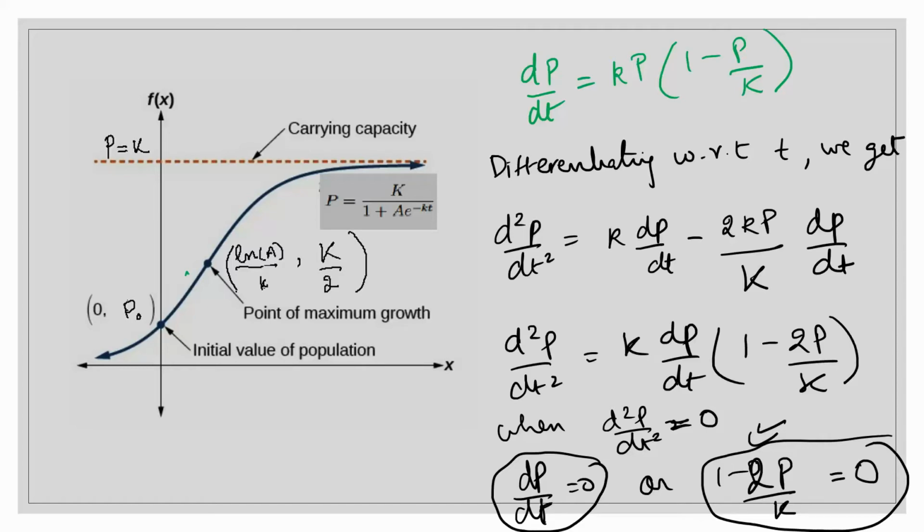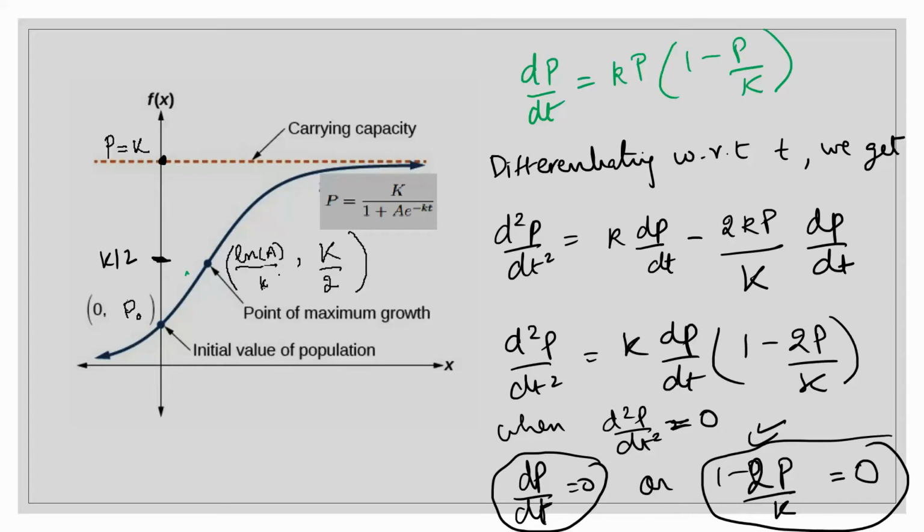Like if the population is moving from this point, this point is my K by 2. If this is K, you can see clearly that at this point the population is K by 2. That means that after this point the concavity will change. From the figure you can see that here we have concave upward and here we have concave downward.